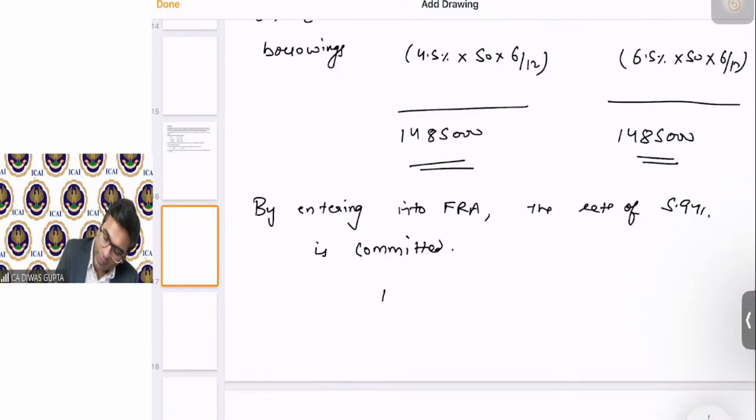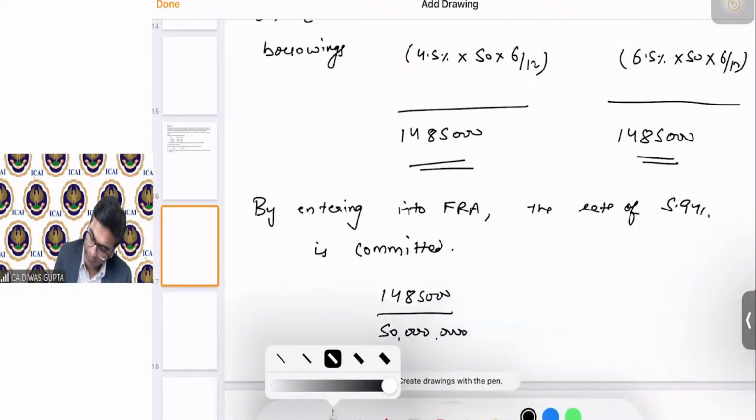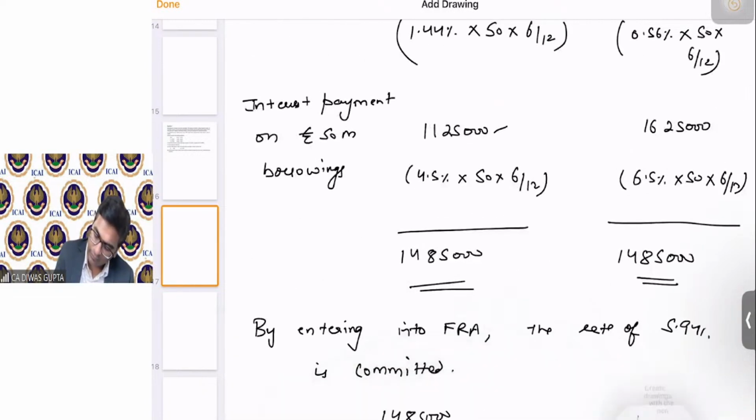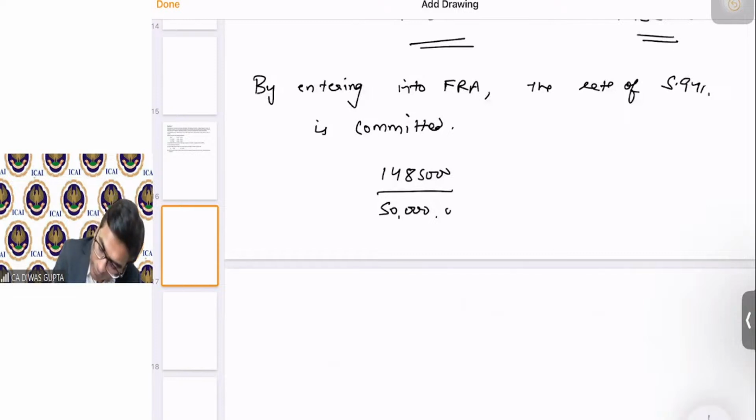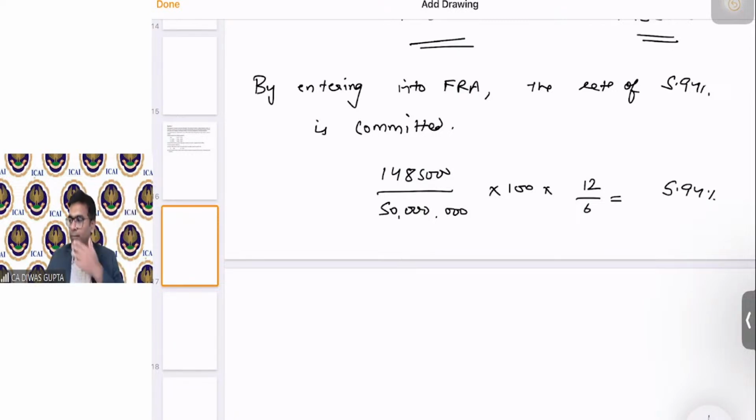So here it becomes 14,85,000 divided by 50 million euros, into 100 into 12 by 6. So the annualized rate becomes 5.94 percentage.